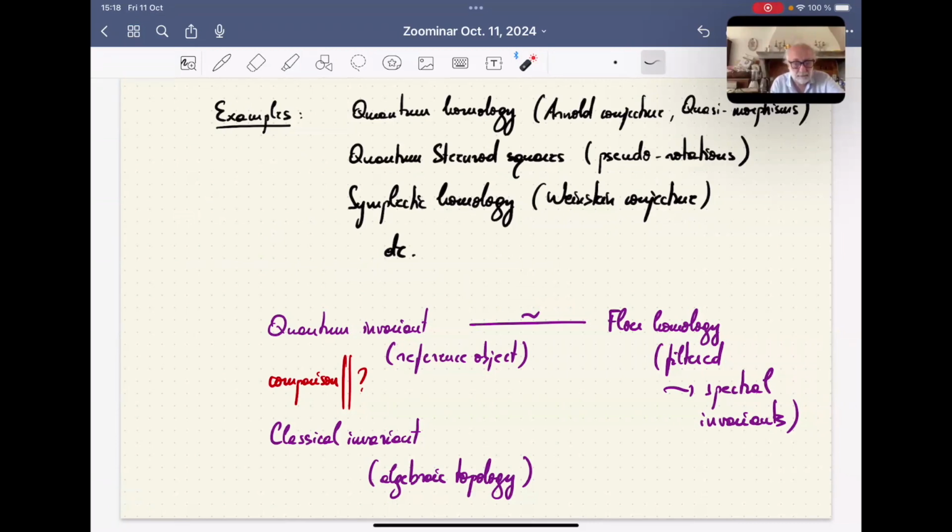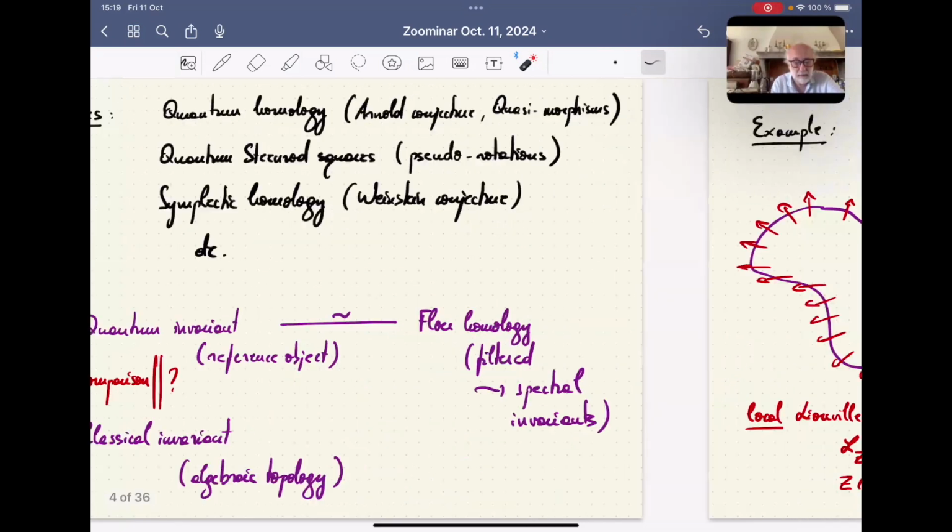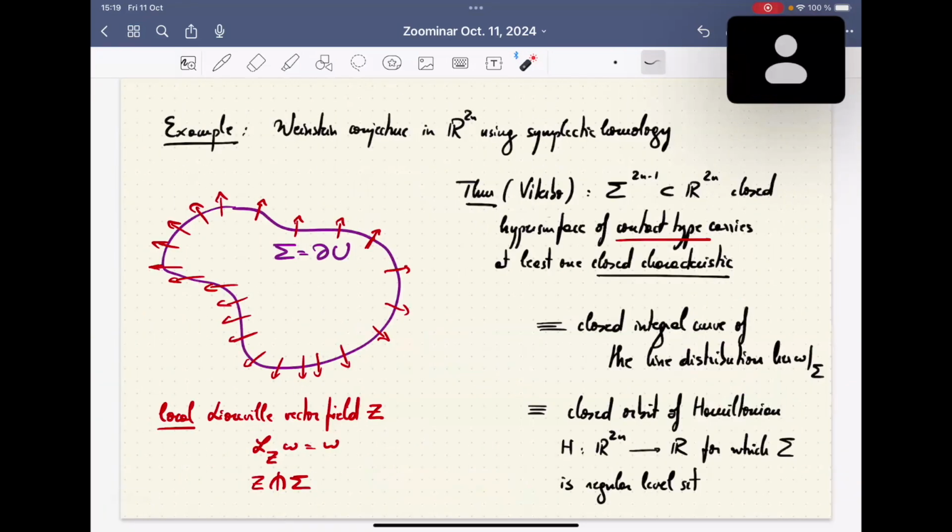The invariant that I will use today is symplectic homology, which has applications to the Weinstein conjecture and the existence of periodic orbits on given energy levels. And I'll give a specific example about how the proof of the Weinstein conjecture in R^{2n} goes using symplectic homology.